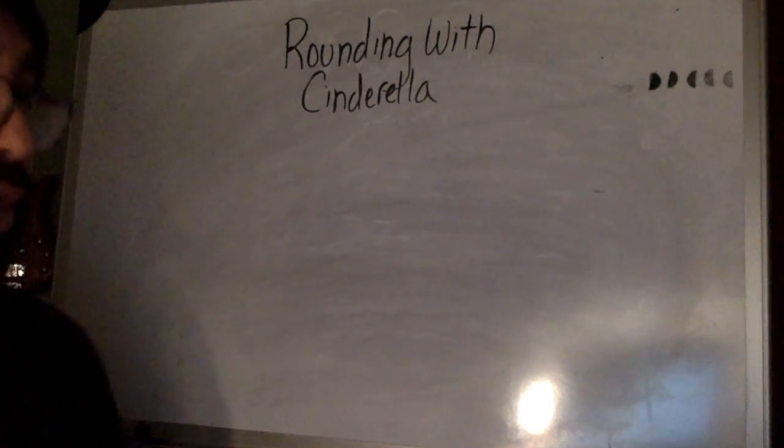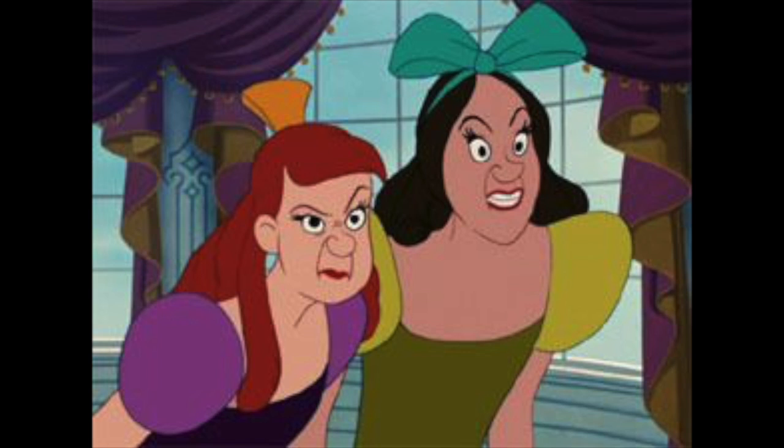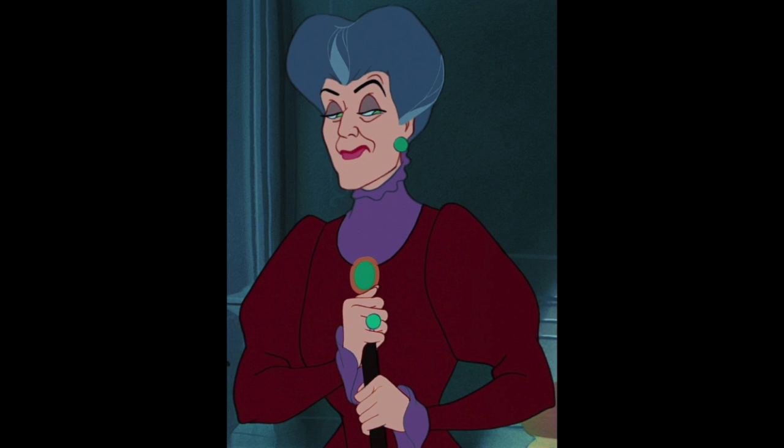If you've never seen Cinderella, it's a Disney story about a young lady named Cinderella who lives with her stepmother and two very evil sisters. Her sisters are really mean to her and make her do a lot of work around the house, and the stepmother is just very evil.